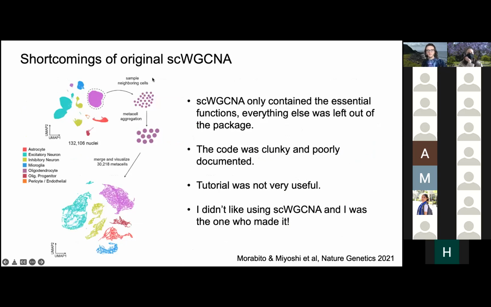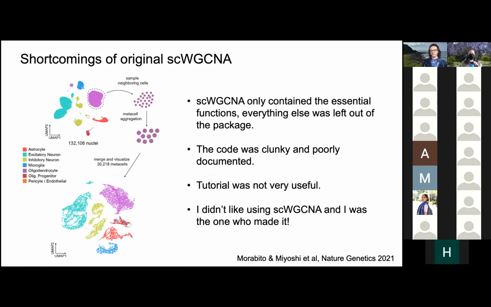There are some shortcomings of the original approach. Basically, I did this really early on in grad school, and it was really hacked together. It only contained the most essential functions, and everything else was just code floating around, various scripts that I had. As it turns out, this wasn't the only single cell RNA-seq data set I analyzed.